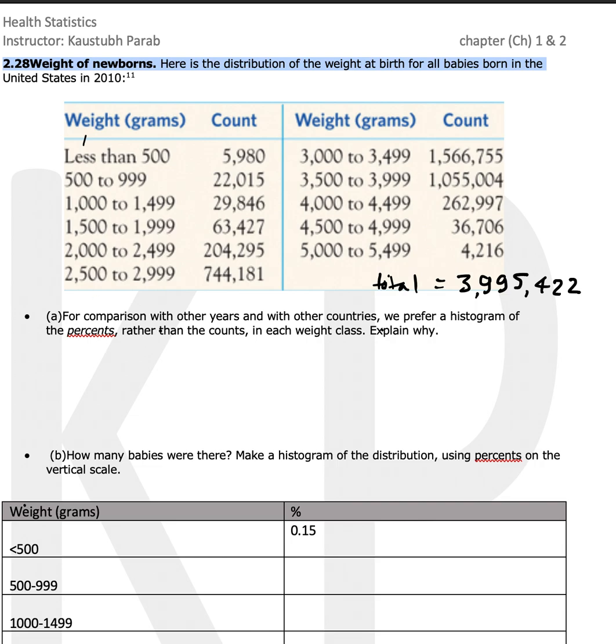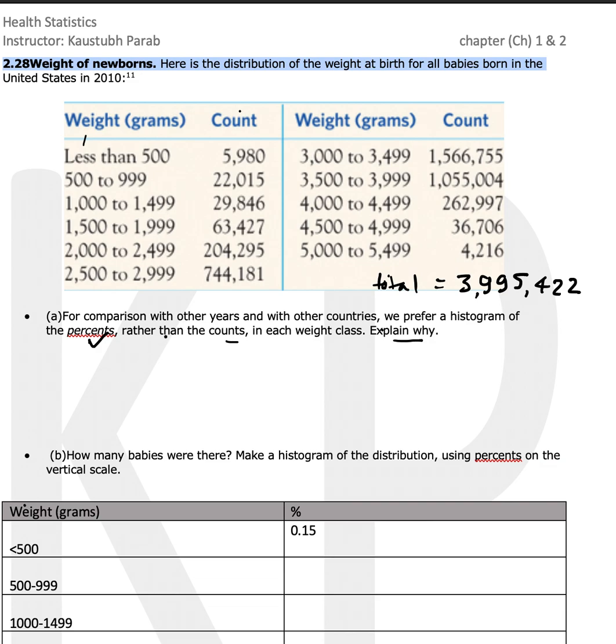The first question asks, for the comparison with the other years and with other countries, we prefer histogram with percents rather than just the counts. Notice that the counts are given here, but for comparison we should use percentage. And why?